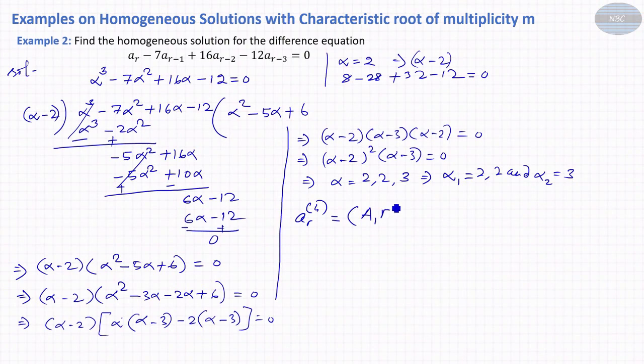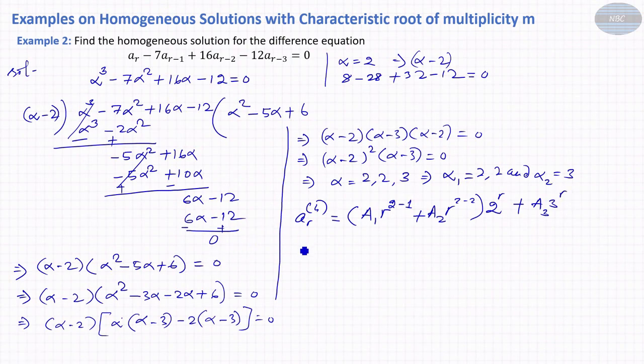So m minus 1, that is 2 minus 1 is 1, plus A2 r to the power 2 minus 2, that is 0. So this repeated root is 2, so 2 to the power r, plus this is the distinct root, so this is A3, 3 to the power r.